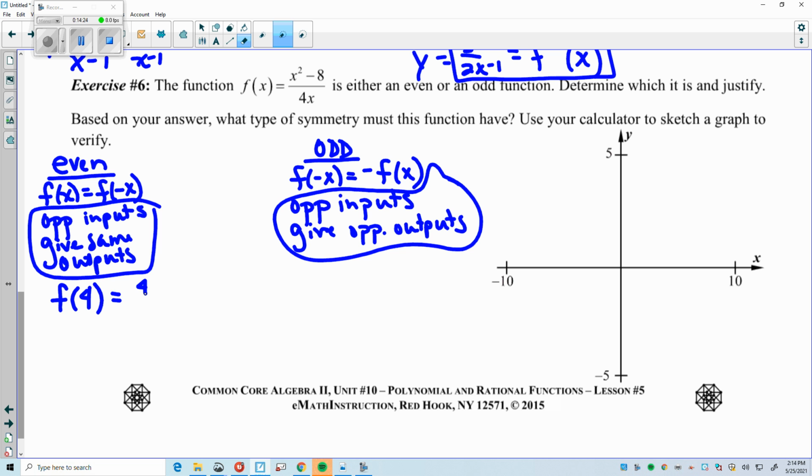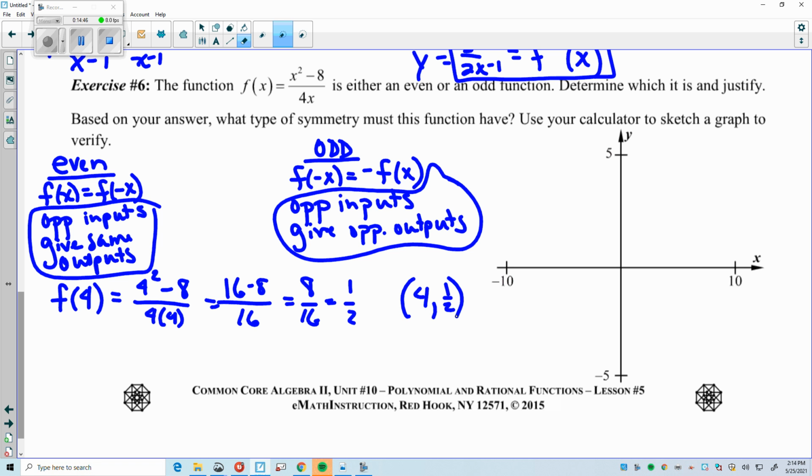So I have 4 squared minus 8 over 4 times 4. So if we simplify this, this gets 16 minus 8 over 16. So 8 over 16, I get 1/2. Okay, so I can see here, I had an input of 4, I get an output of 1/2.